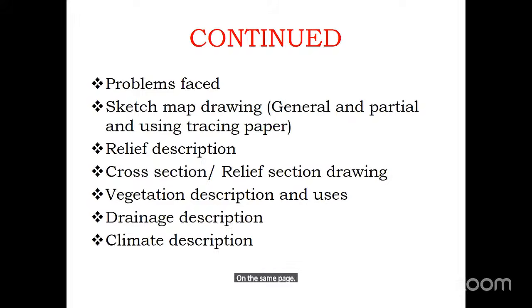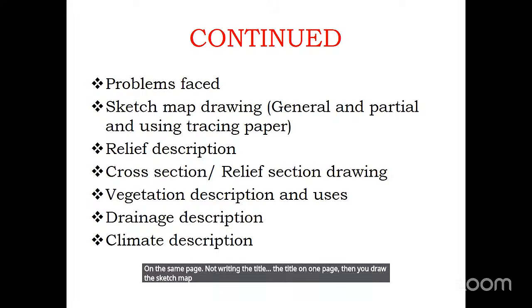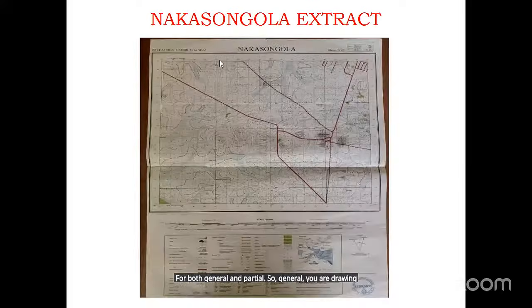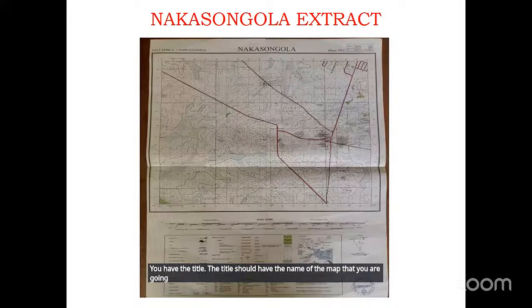Not writing the title on one page, then you draw the sketch map on the next page, then after you put the key on the next page. You do not separate; they should be on the same page, for both general and partial. So for the general, you are drawing a sketch map like this, you have the title. The title should have the name of the map that you are going to use.